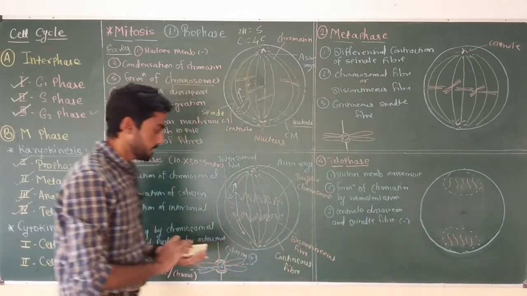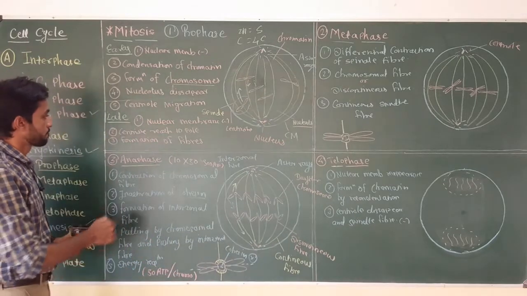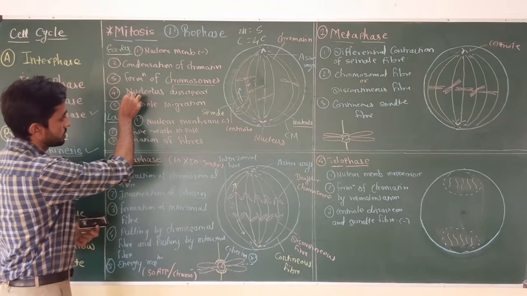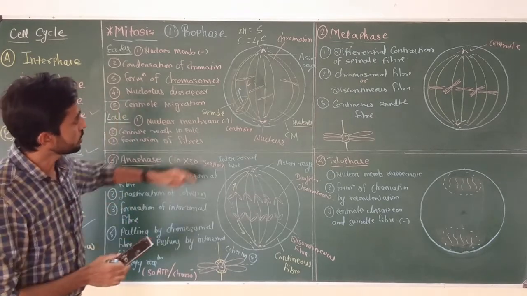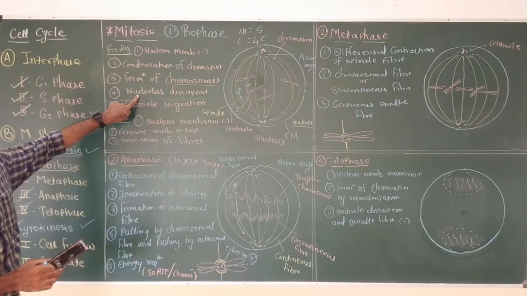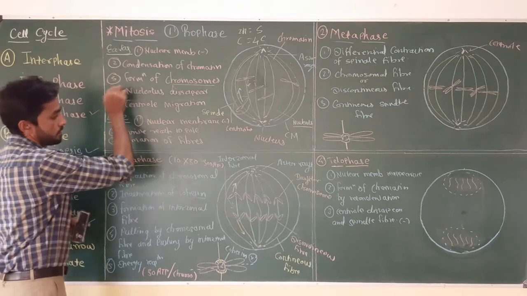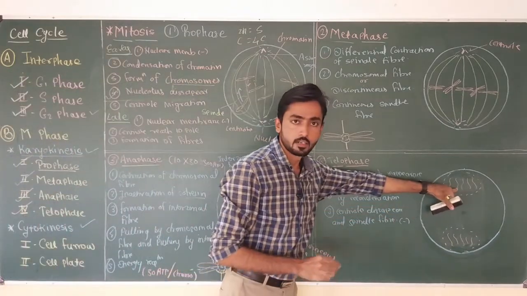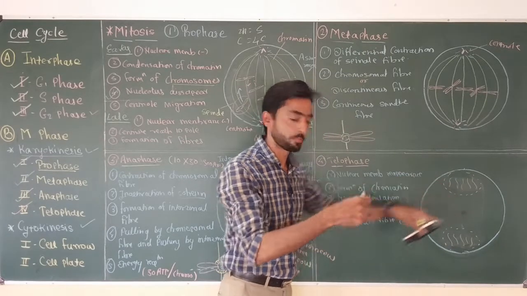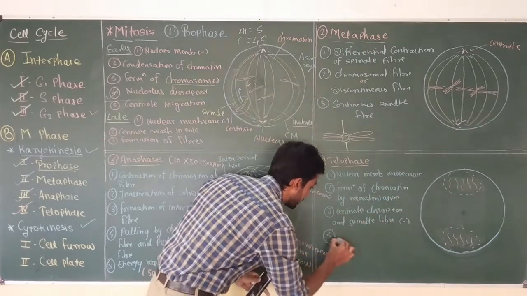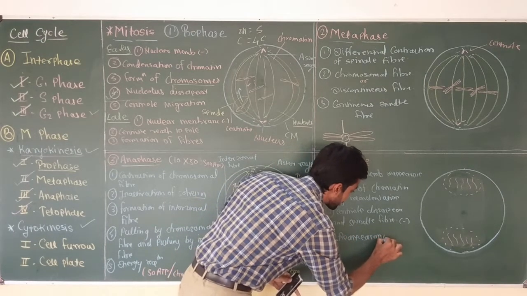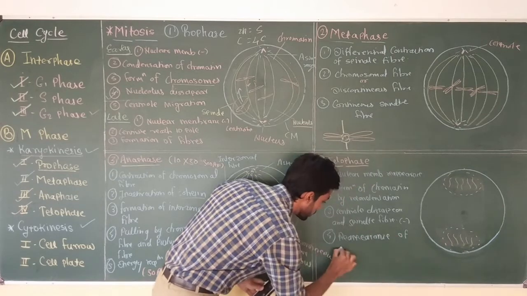Another change which takes place in telophase is the reappearance of the nucleolus. We know that the nucleolus, which is present in the nucleus, also disappears in prophase. In telophase, this spherical body present in the nucleus, the nucleolus, reappears.